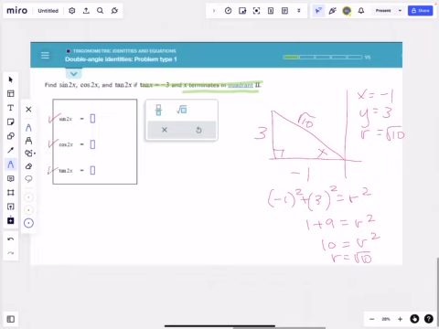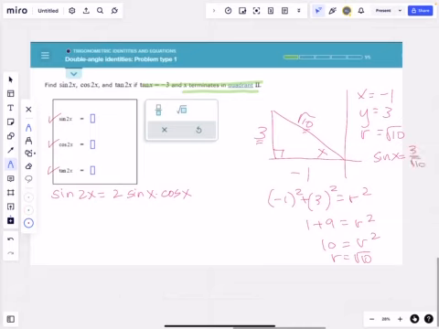Okay, so let's go ahead and think about this. Sine of 2x is going to equal 2 times the sine of x times the cosine of x. Looking at our diagram over to the right here, we can say that the sine of x is going to be our opposite over our hypotenuse, or 3 over square root of 10.